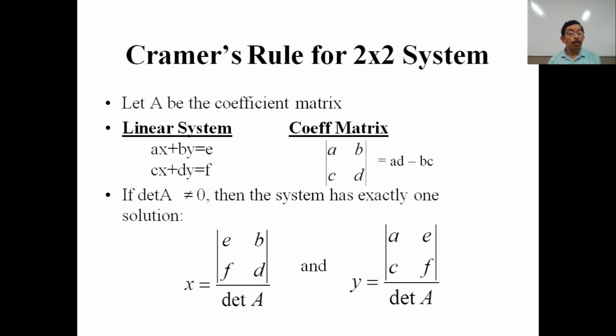Then we find the value of x. Then for y, the coefficient matrix second column is replaced by the constant values given on the right-hand side of the equations and divided by the coefficient matrix. Then we find the value of y. It is clear, everyone?